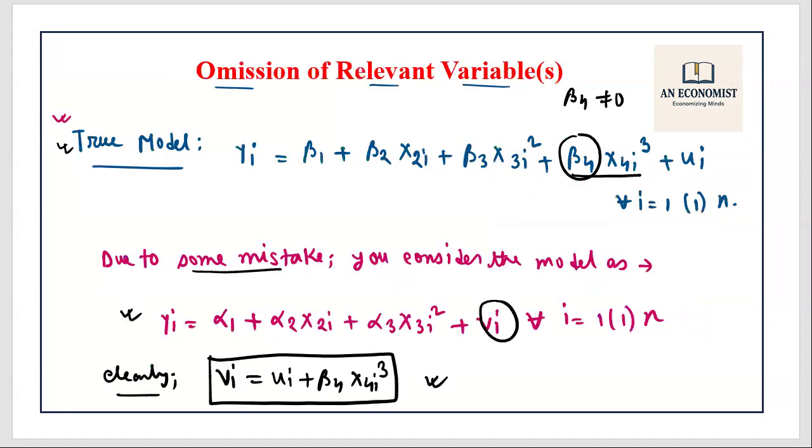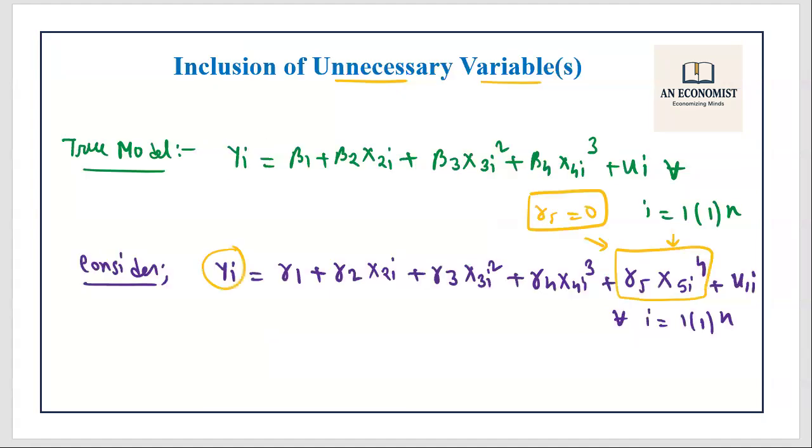In the previous case, the variable x4 was a statistically significant variable, which means it has the power to affect the outcome variable yi. But in this particular case, x5 is an unnecessary variable, which means x5 does not have any explanatory power to explain the variation of our outcome variable yi.